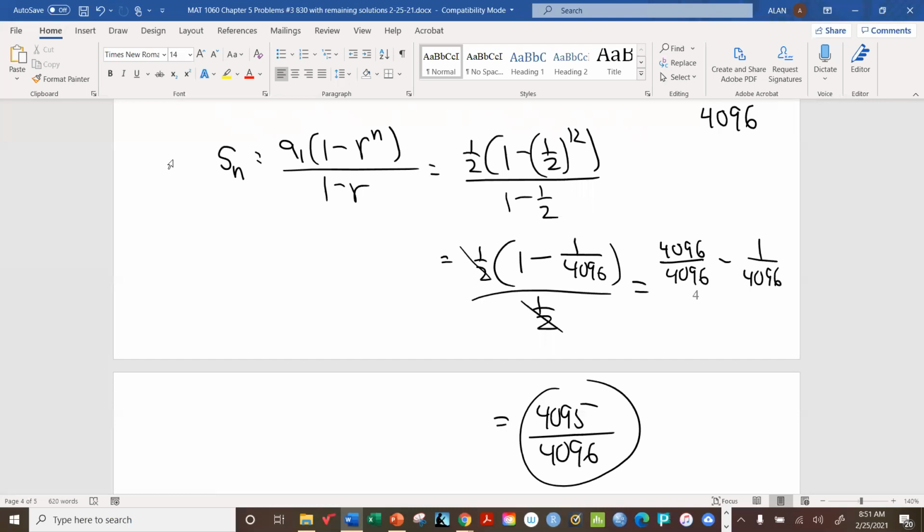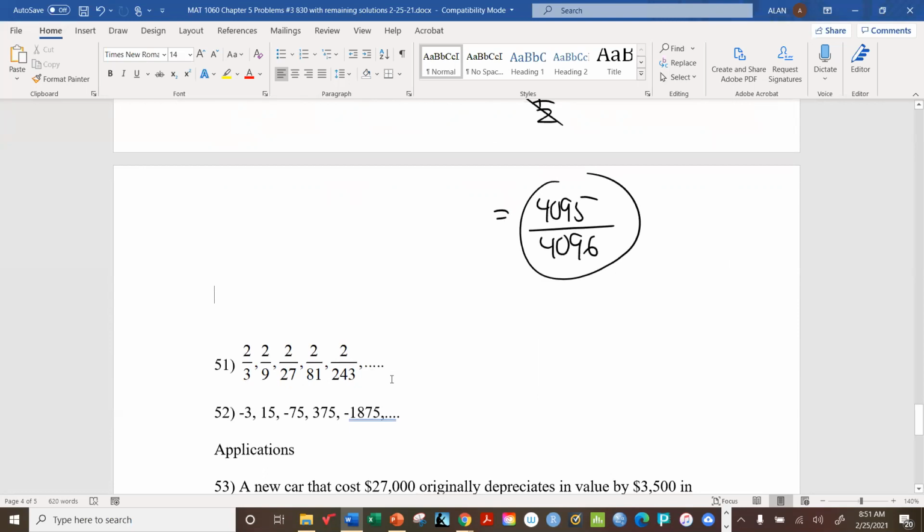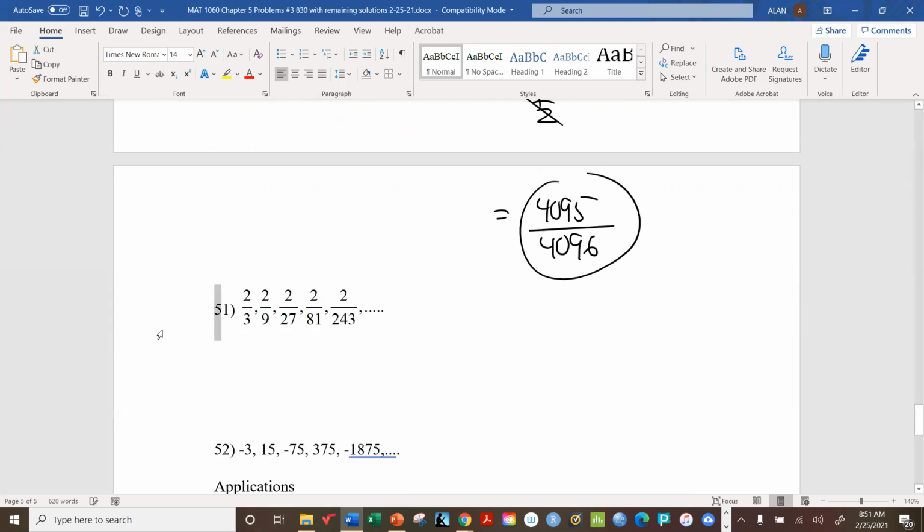All right, now I believe there's one more, and then we can do those word problems. Let's see, what do we have left here? Oh, there's two more. Okay, now this one, fractions again. Oh boy. Okay, well, we know what to do now. So for example, let's see what we're going to do here.